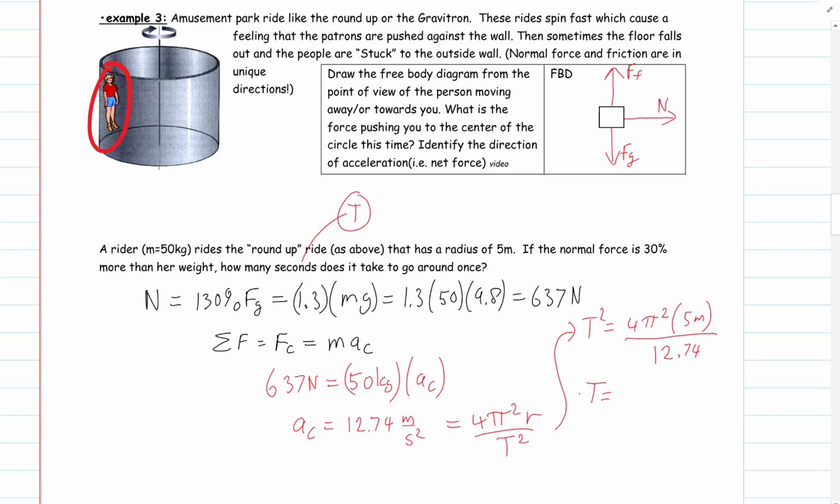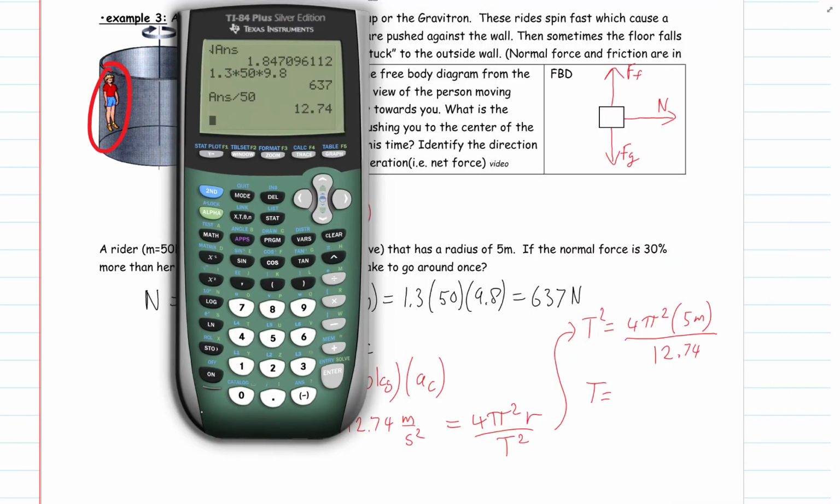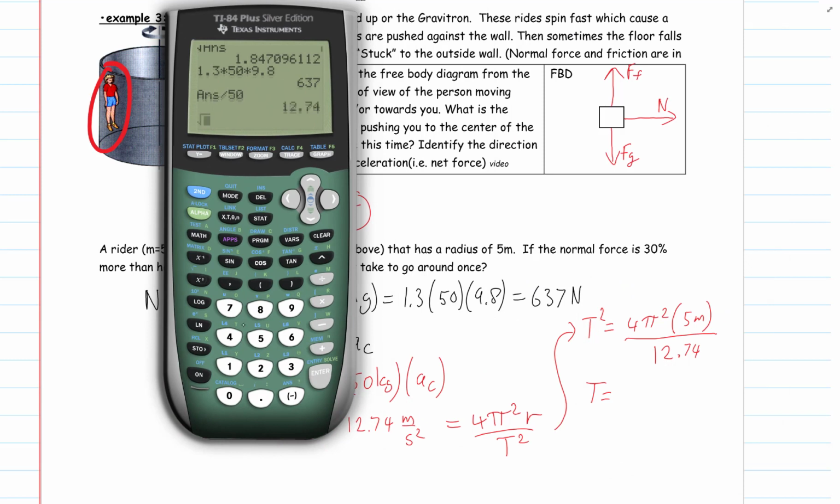So this is going to be the square root of 4 times pi squared times 5 divided by that value.